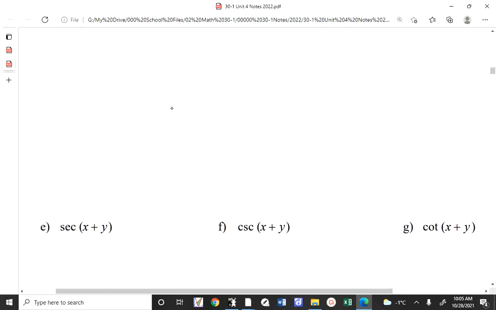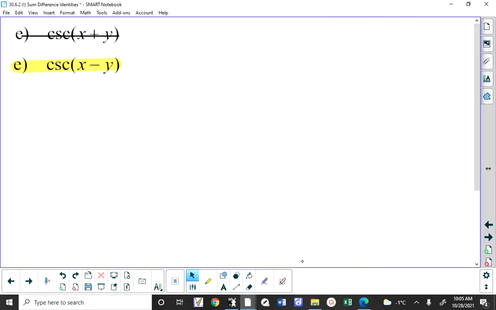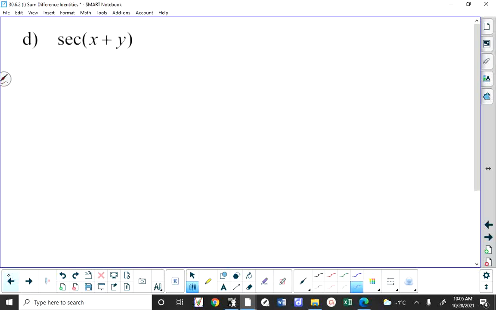I want you to change F to x minus y. Thank you, Jason. So is this your E? I take it then this is G. All right, so F should be cosecant of brackets x minus y.